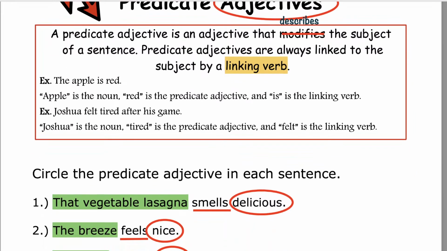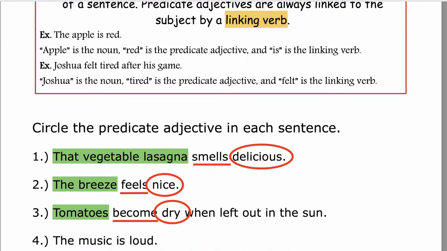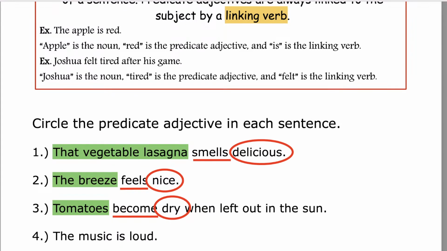And this is very interesting because we highlighted in green the complete subject, right? Sometimes in number 3, the complete subject is one word. Often it can be. But often it is also more than one word. The interesting part here is that I can actually see somebody's smell, can't I?